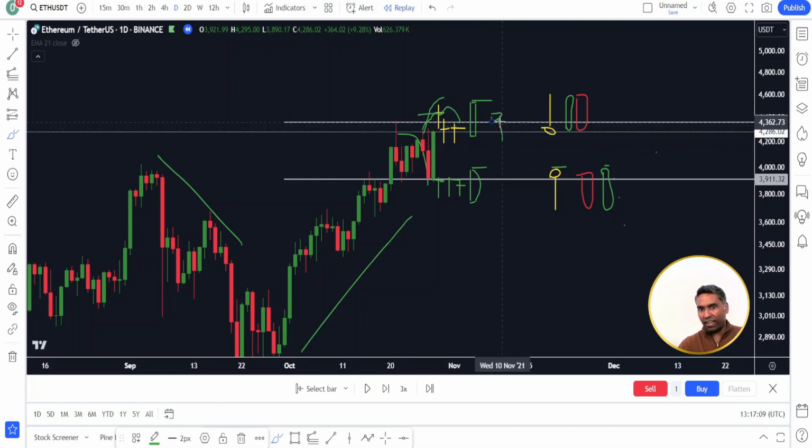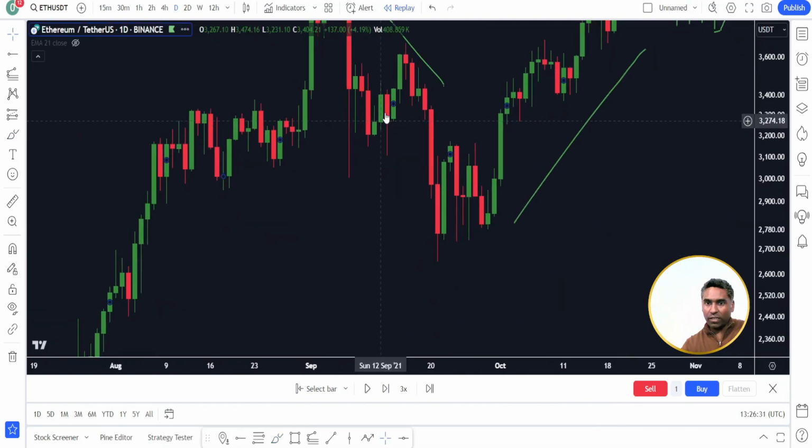The wick is to the downside and the body closes above this resistance. We can enter at the next candle's open, or when the next candle breaks the high of this candle. So these are two types of strategies where we can enter the market in an uptrend.